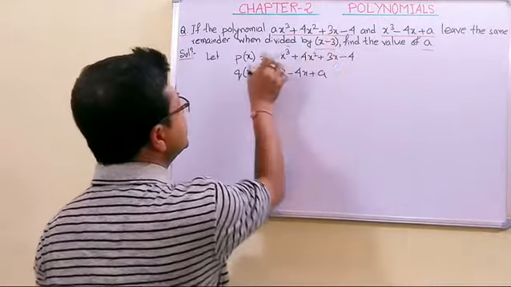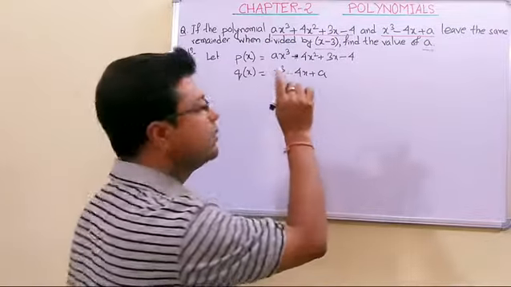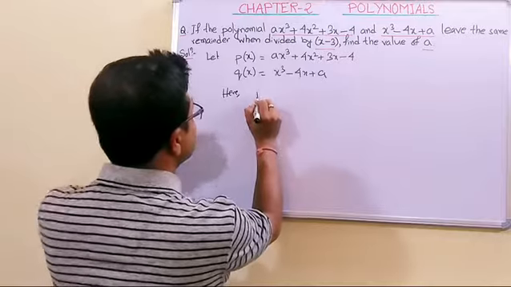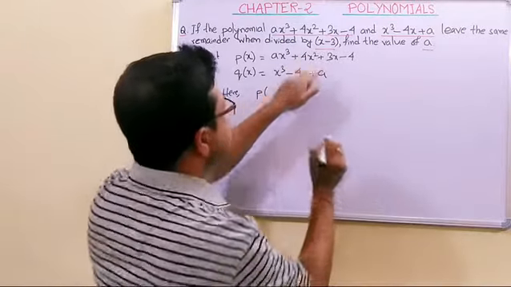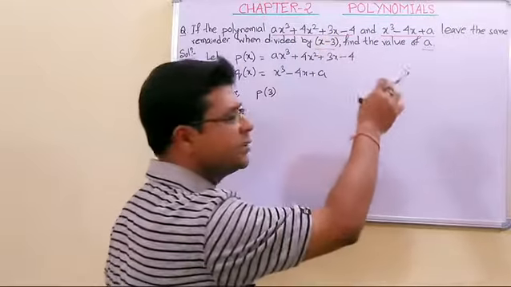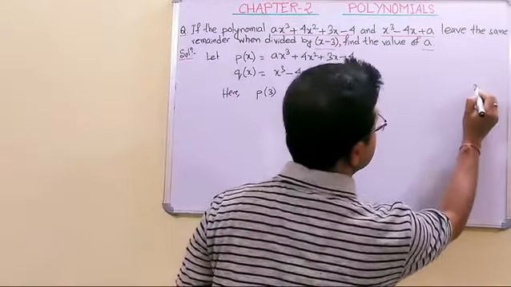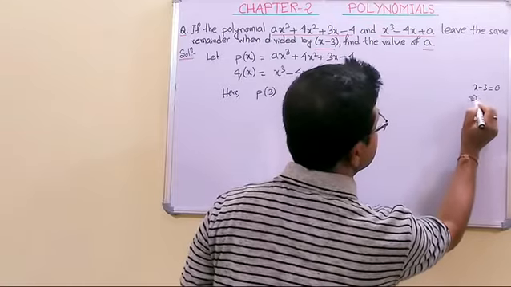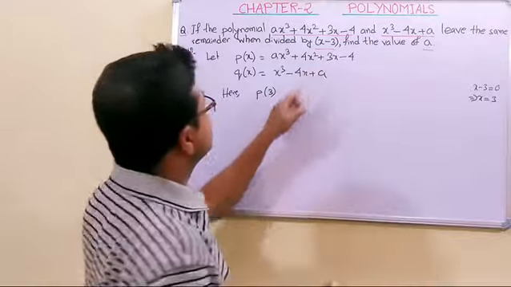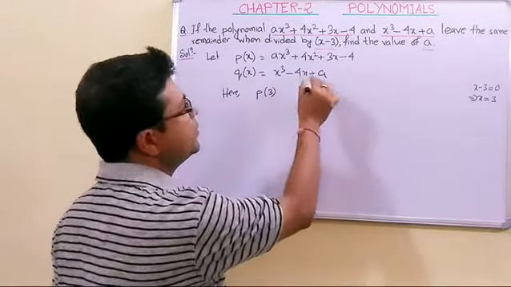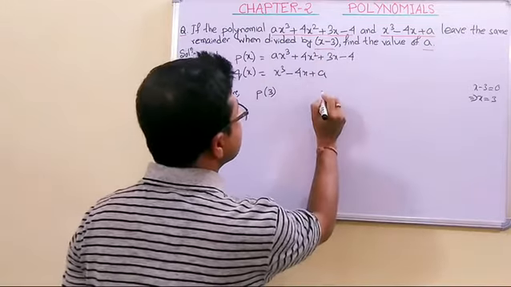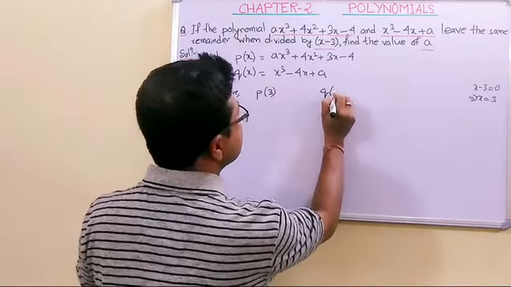So when we divide this polynomial by x minus 3, what will be the remainder? Can you say? The remainder will be p of, what is the zero of this? 3. Because if you put x minus 3 equal to 0, x equals 3. So the remainder is p of 3. Again, if you take this as the polynomial and divide by x minus 3, what will be the remainder? It will be q of 3, right?